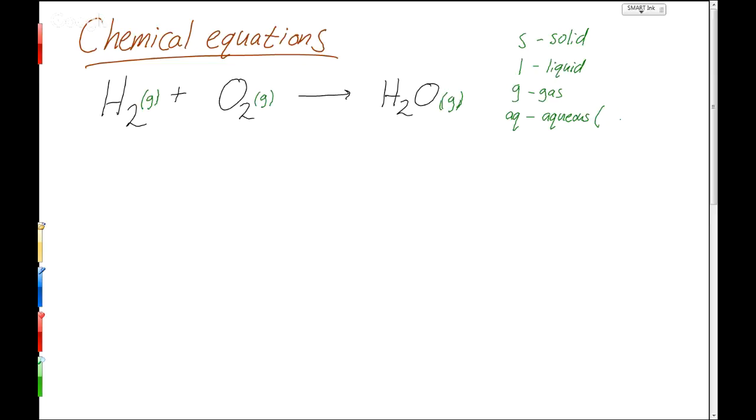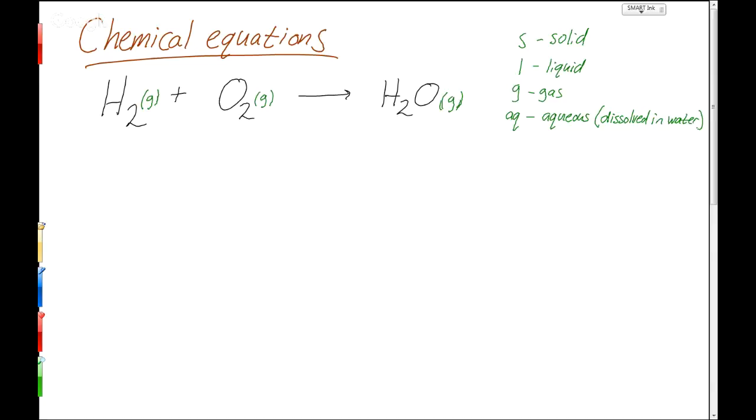We'll just say dissolved in water. So something that was dissolved in water, and then you use it. Like all those test reagents that we used in lab on Tuesday, those would all have an AQ if we were going to write out those equations. AQ for being dissolved in water.